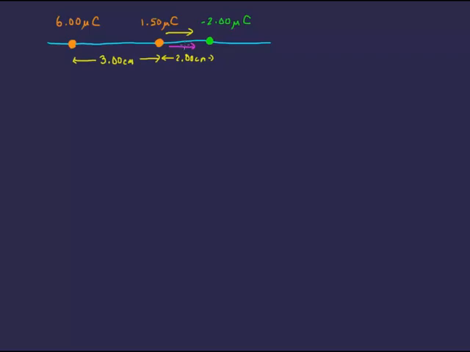So let's go ahead and do the first one. So in the first one, we have 9 times 10 to the 9. Now we have to put in the charges. I have 6 times 10 to the negative 6 coulombs. That's a microcoulomb. And 1.5 times 10 to the negative 6 coulombs.